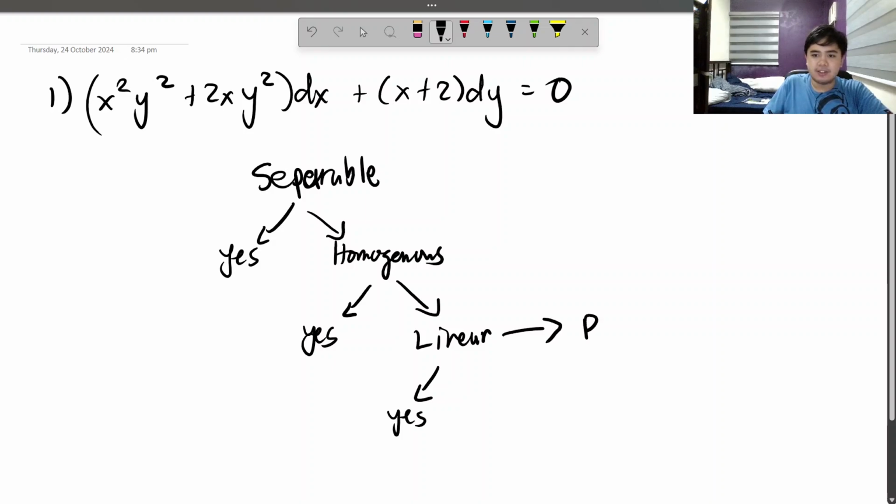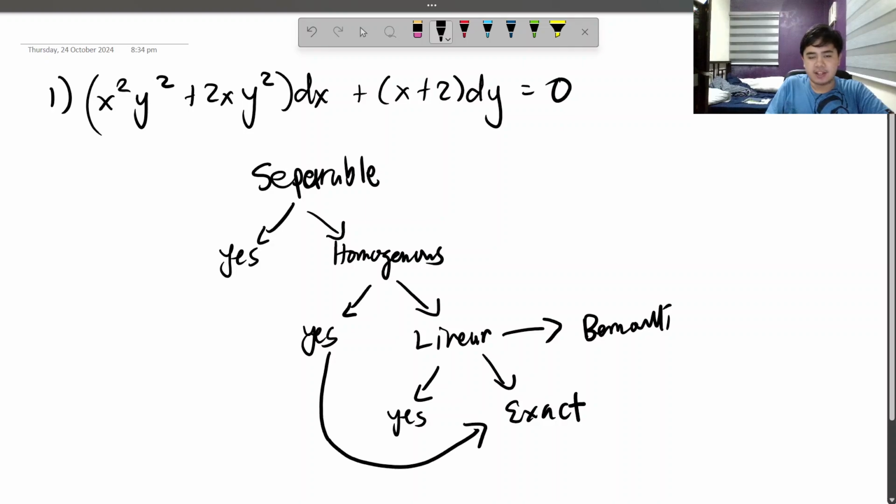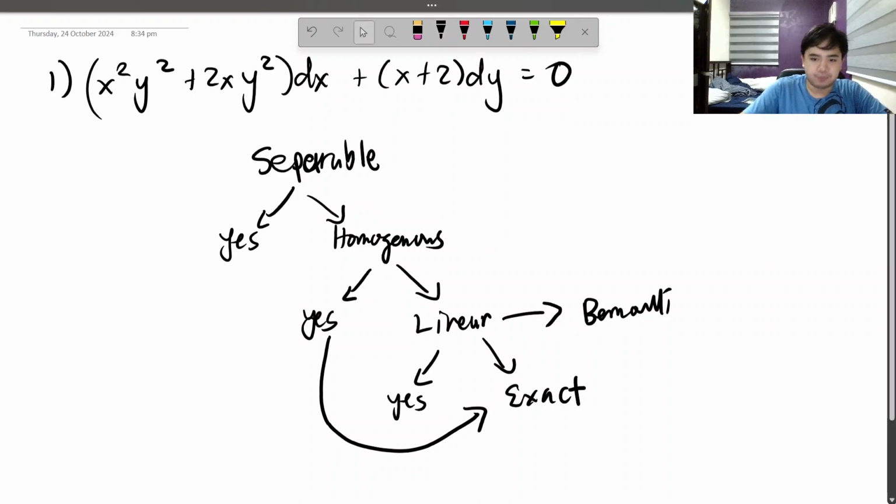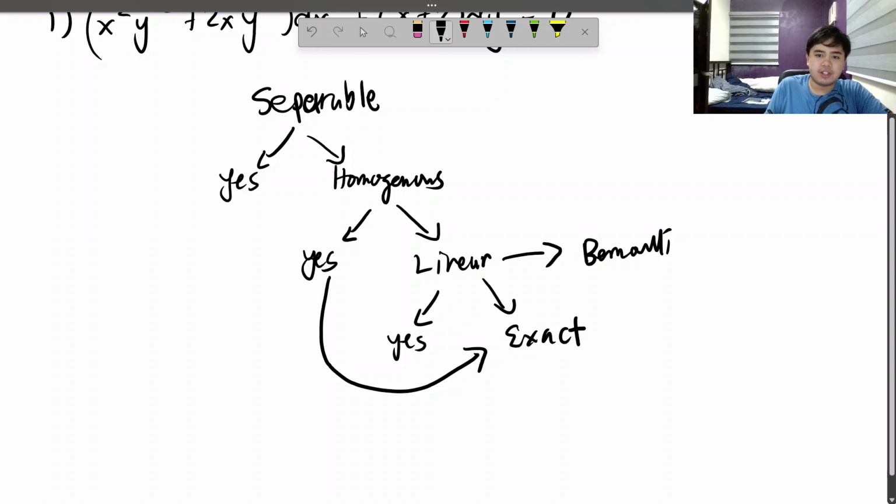If it's a special case, it could be Bernoulli. Or if it's not, it could be exact. And in homogeneous, it can also be exact. Sometimes homogeneous and exactness, sometimes they match. So after exact, this is where you get the inexact form, where you'll start to use this formula.